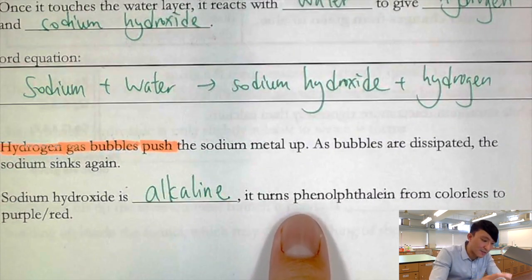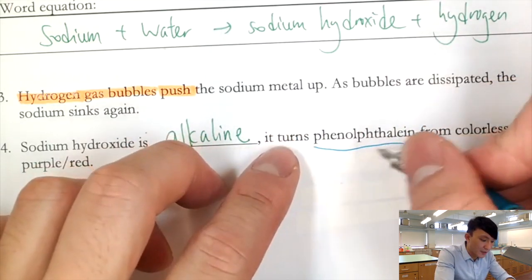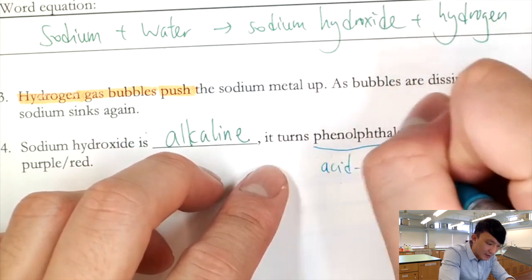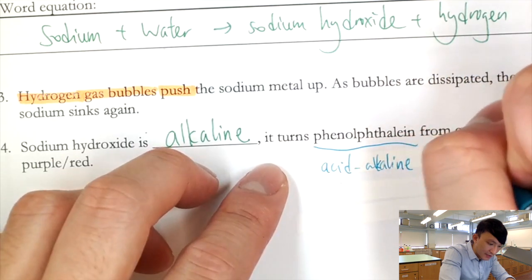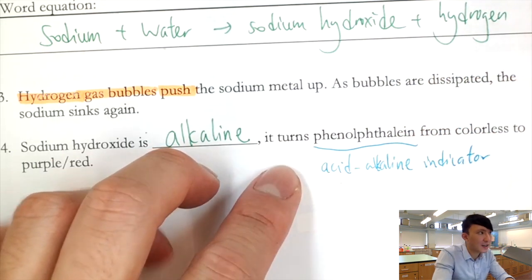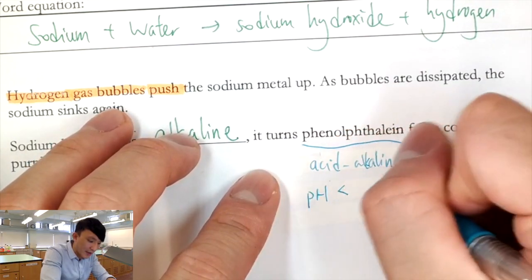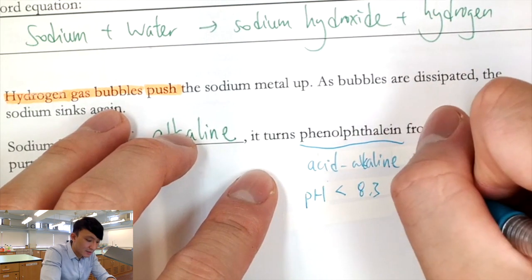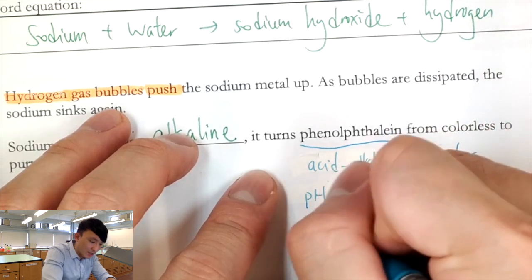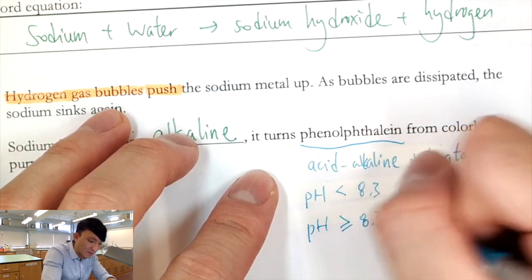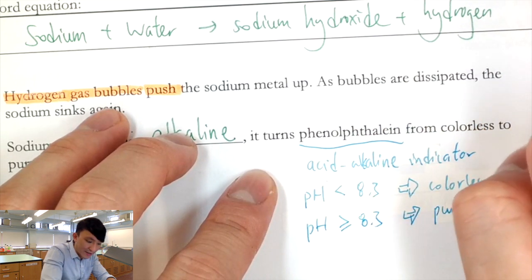Okay. Now, remarks here for phenolphthalein. Phenolphthalein is actually an acid-alkaline indicator, and when the pH is lower than 8.3, it would be colorless, and when the pH is greater than 8.3, then it would be purple or red.